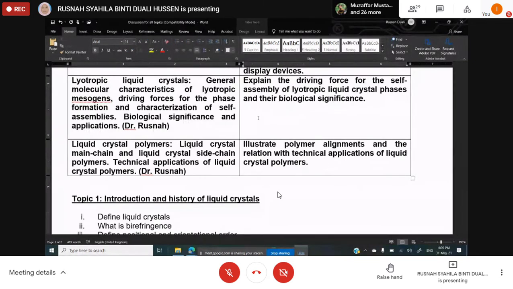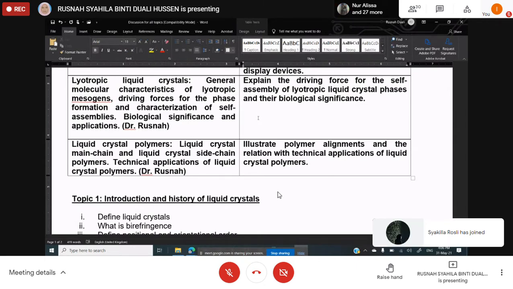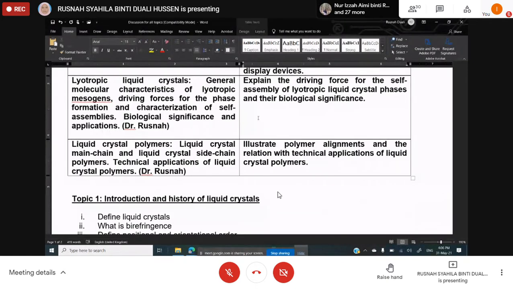Then you need to propose to synthesize a mesogen for use as a drug carrier that can carry and deliver a more effective dose of drug. It's very much depending on your preference, but you need to explain the advantage of your preferred drug carrier.